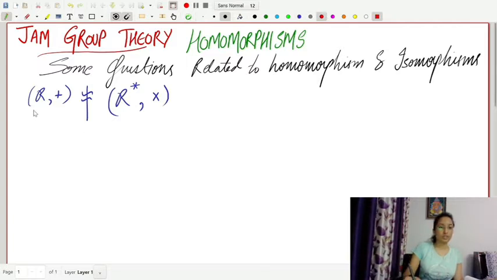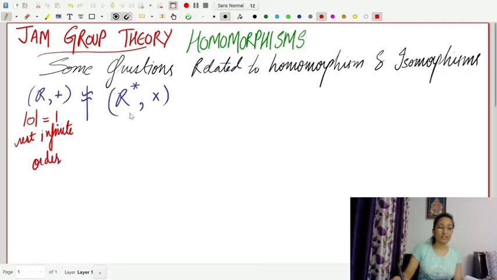Because in reals under addition, only 0 has finite order, that is 1, and the rest are of infinite order. While in reals under multiplication, -1 has order 2, and 1 has order 1. Therefore, there are two elements with finite orders. Hence, they are not isomorphic.